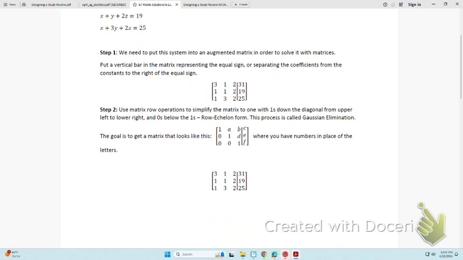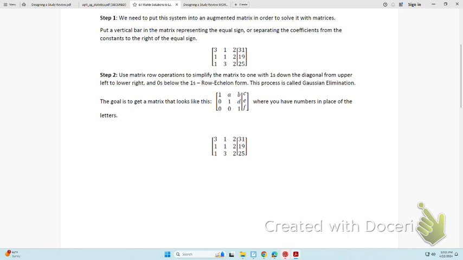Next, we have the goal of making this look like this.